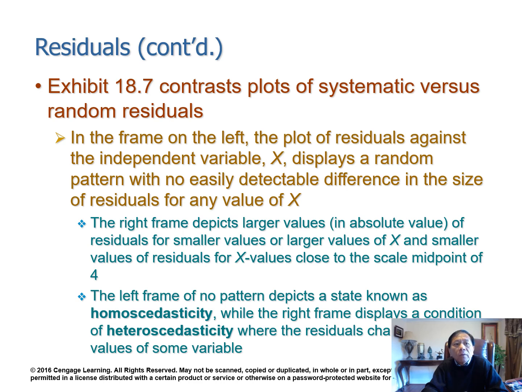The left frame of no pattern depicts a state known as homoscedasticity, while the right displays the state known as heteroscedasticity, where residues change values over some variables.